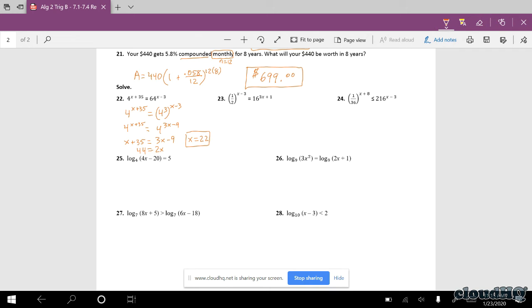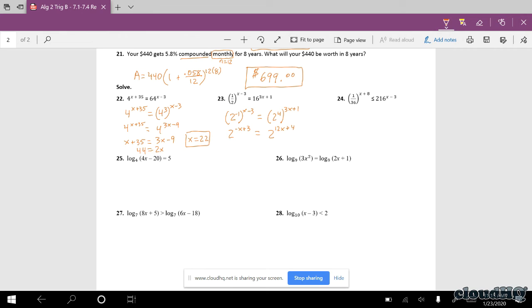Number 23, 1/2 and 16 are both powers of 2. 1/2 could be expressed as 2 to the negative 1, and it's to the x minus 3. Meanwhile, 16 is expressed as 2 to the 4th, and it's to the power of 3x plus 1. Distribute those exponents, so 2 to the negative x plus 3 is equal to 2 to the 12x plus 4.